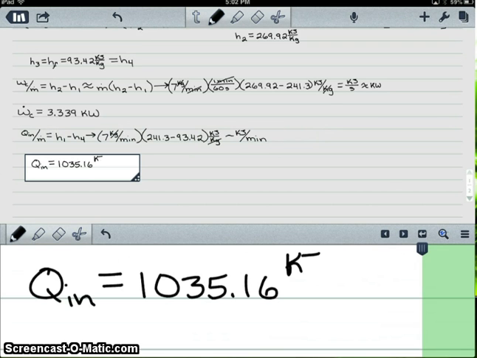Now, in the previous equation, you can see the refrigeration capacity in tons.